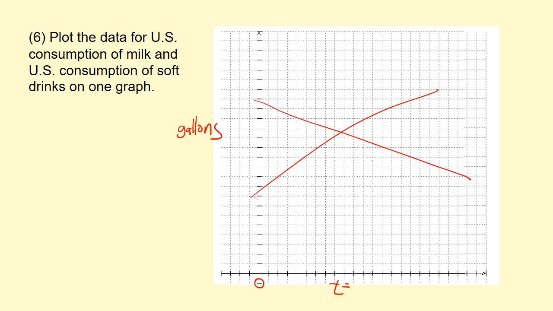So you want to use up as much of this scale as you can, but you want to fit all of the possible gallon values. And then draw your 2 lines right there and then label them. One of these is going to be milk, and one of these lines is going to be soft drinks. So put a label right up there telling what each one of those is.